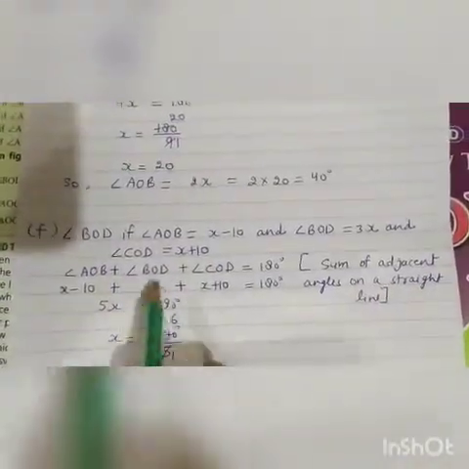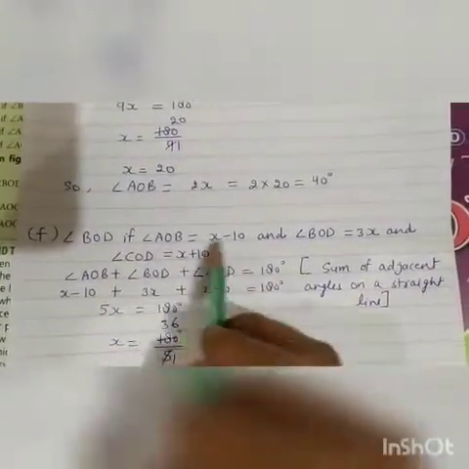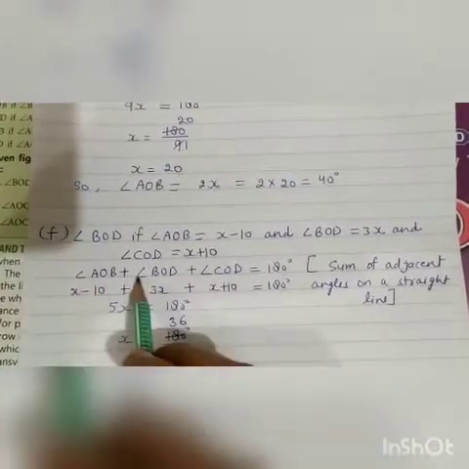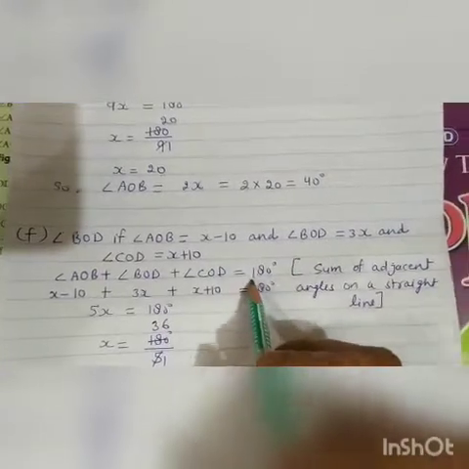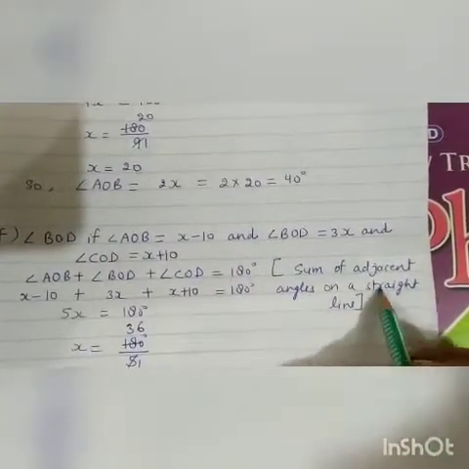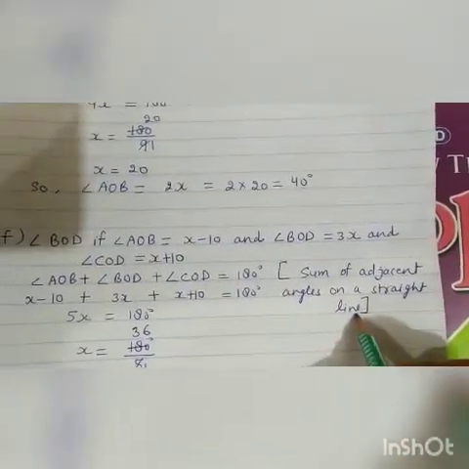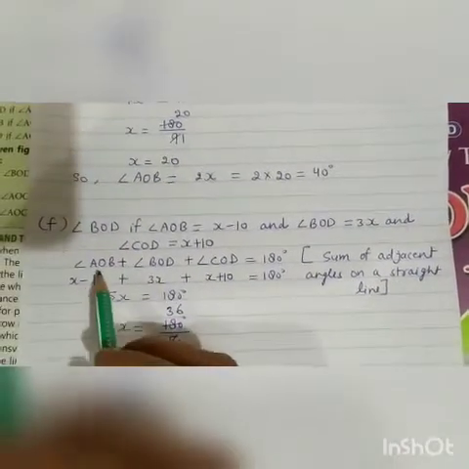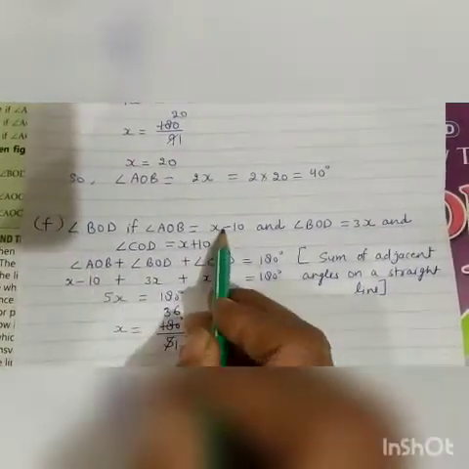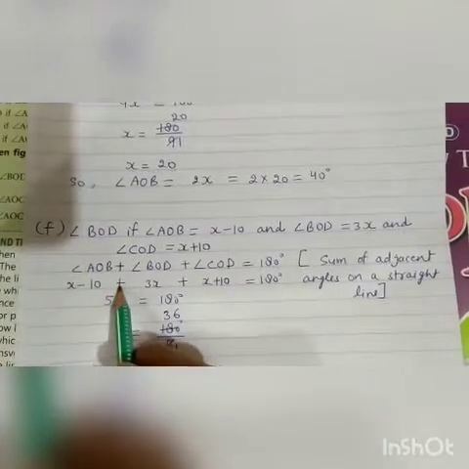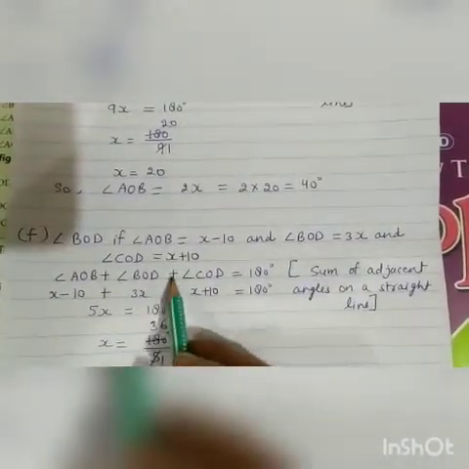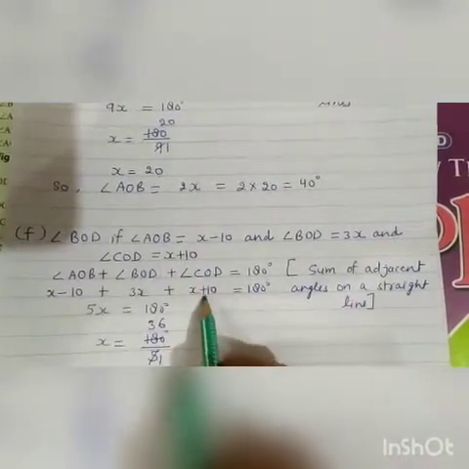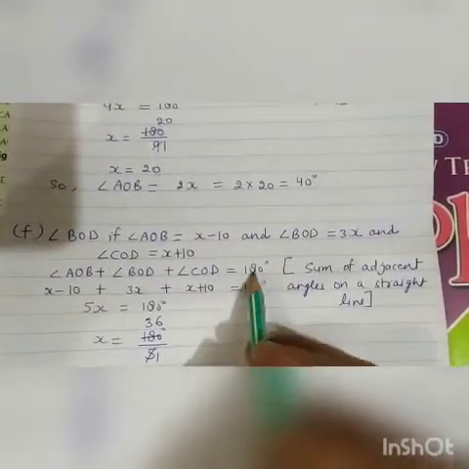So again we will write the same line: sum of all three angles, angle AOB plus angle BOD plus angle COD equal to 180 degrees. Sum of adjacent angles on a straight line, same reason. Now put the values: angle AOB is x minus 10, plus angle BOD is 3x, plus angle COD is x plus 10, equal to 180.